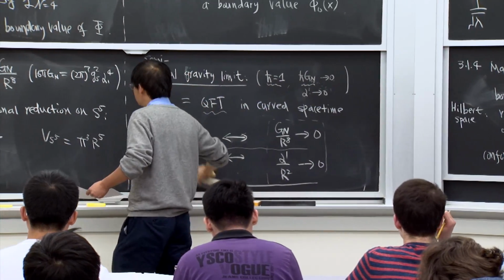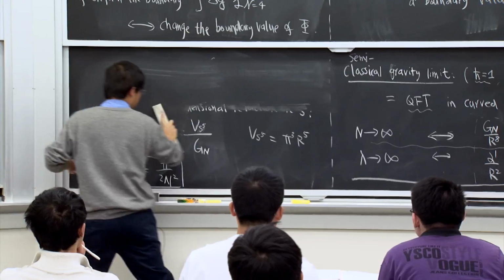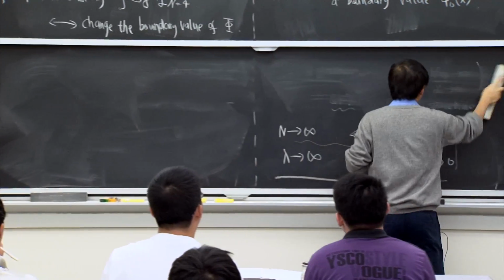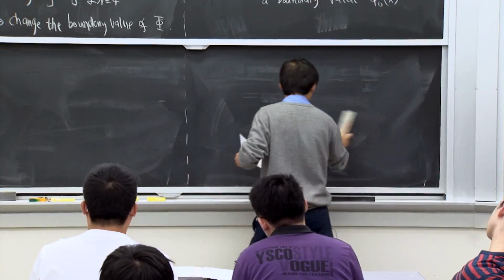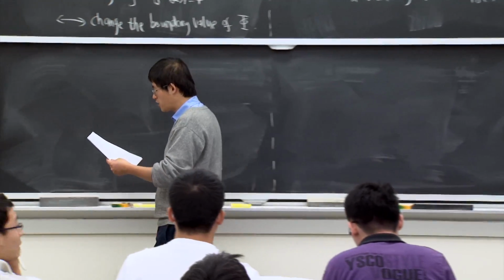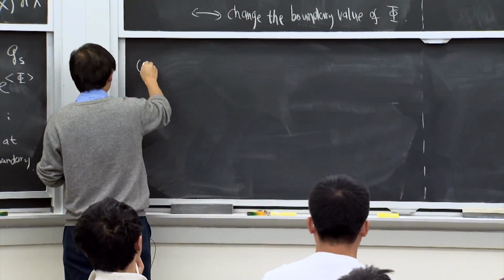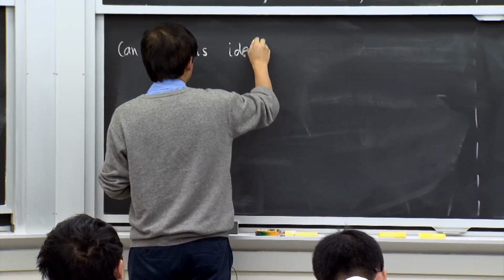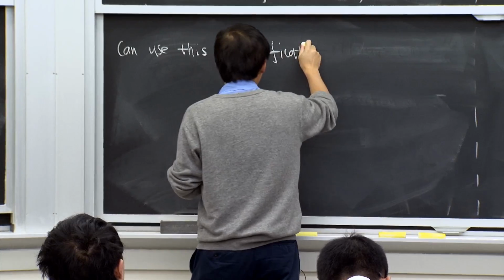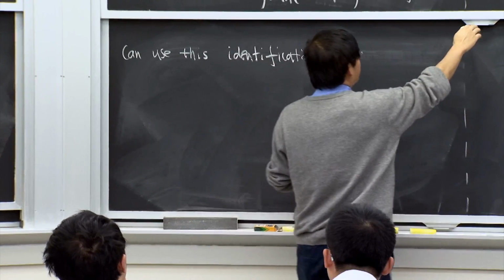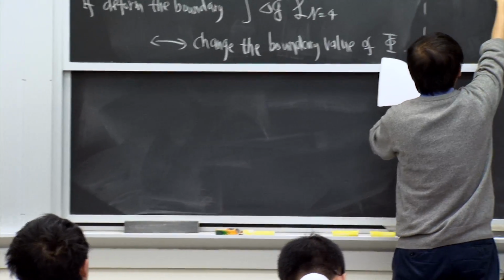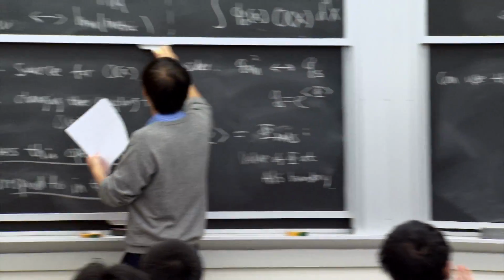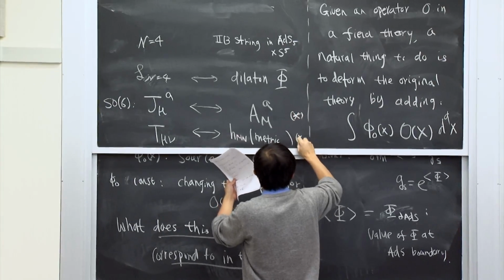So if we assume this, I can also use this identification to argue these two. So let me call this star and star.